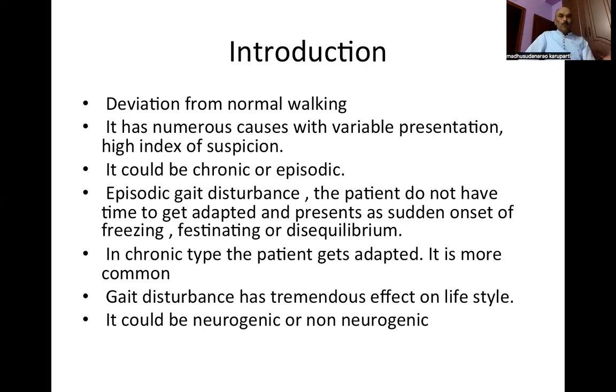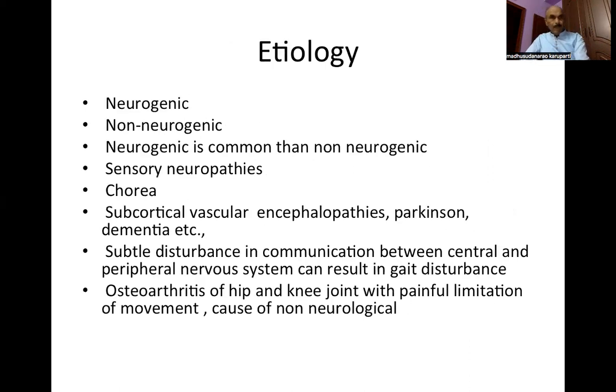Well, the causes could be neurogenic or non-neurogenic. Neurogenic is more common than non-neurogenic, which includes sensory neuropathies, chorea, subcortical vascular encephalopathies, Parkinson disease, dementia in elderly people, etc. Subtle disturbance due to any cause in communication between the central and the peripheral nervous system can result in gait disturbance.